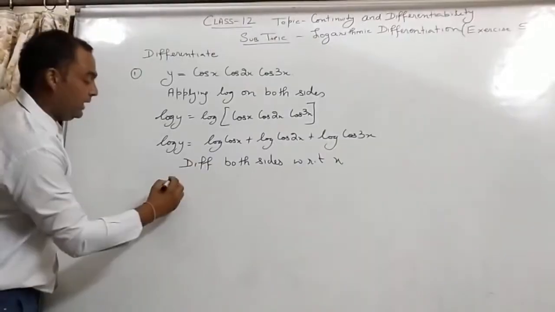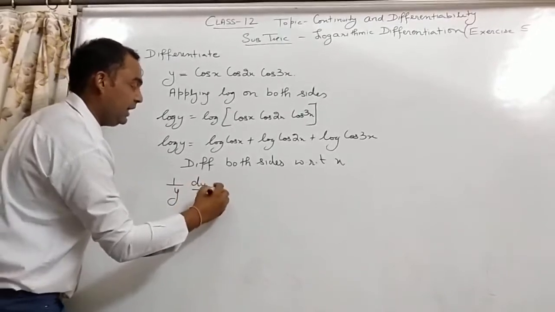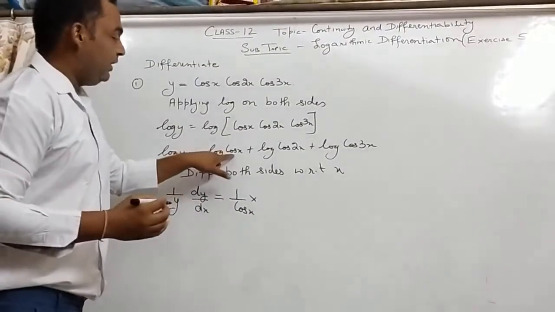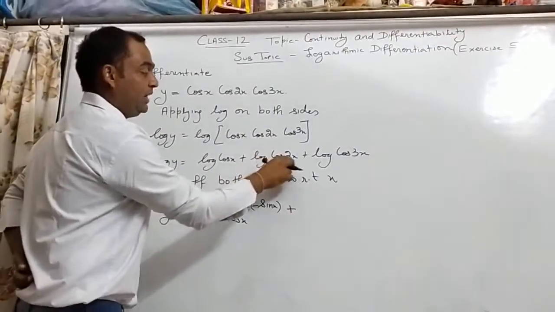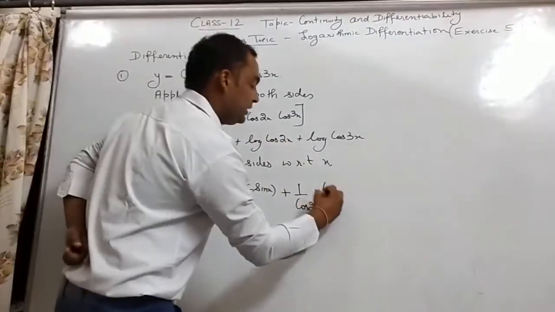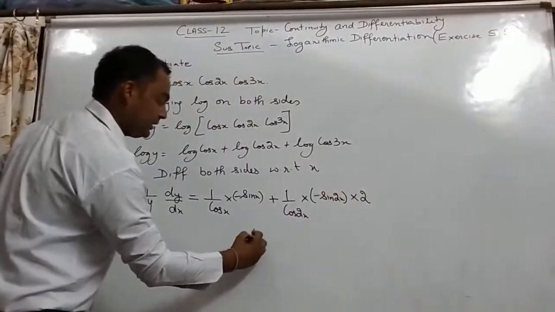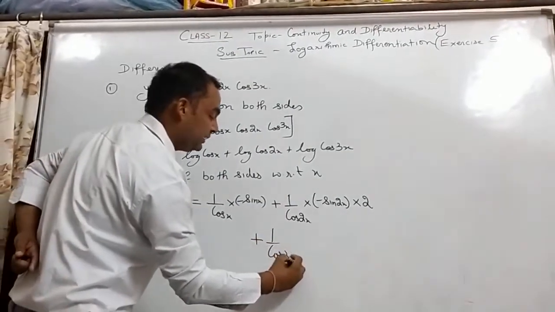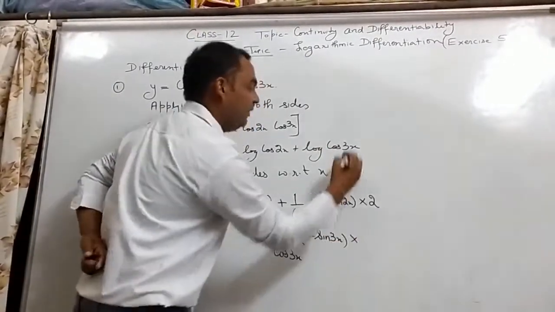Now derivative of log y is 1 upon y, further derivative of y, dy upon dx, is equal to log derivative is 1 upon cos x into further derivative of cos x, that is minus sin x, plus log of cos 2x derivative, first log derivative 1 upon cos 2x into derivative of cos 2x, that is minus sin 2x into derivative of 2x, that is 2, plus derivative of log of cos 3x, first derivative of log 1 upon cos 3x into derivative of cos 3x, minus sin 3x into further derivative of 3x, that is 3.